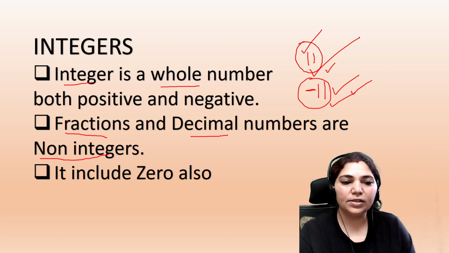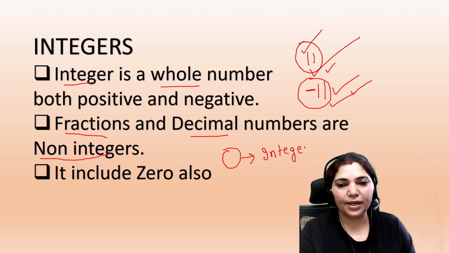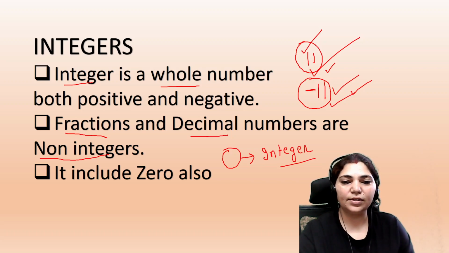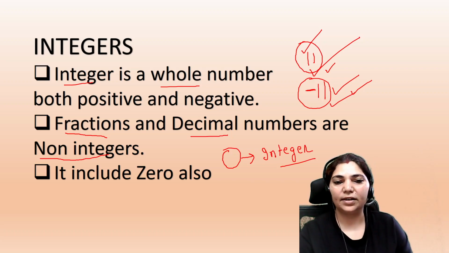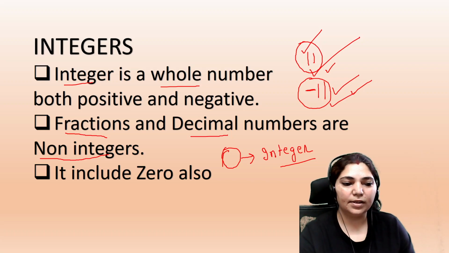Now you might have a question in your mind: 0. So 0 is basically an integer. You can call 0 an integer because 0 is not a fraction, 0 is not a decimal number, so we call 0 an integer.